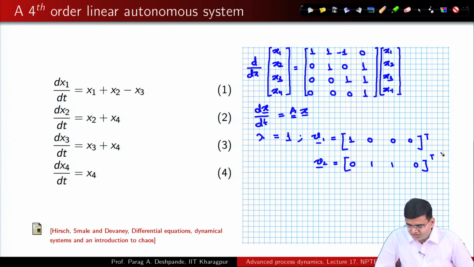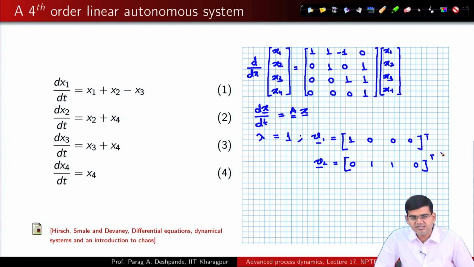Now, we are in trouble, because we saw that our solution went as summation i going from 1 to capital N, which means we assumed that we have all the eigenvectors available, which are linearly independent, and they are equal to the number of variables which I have.